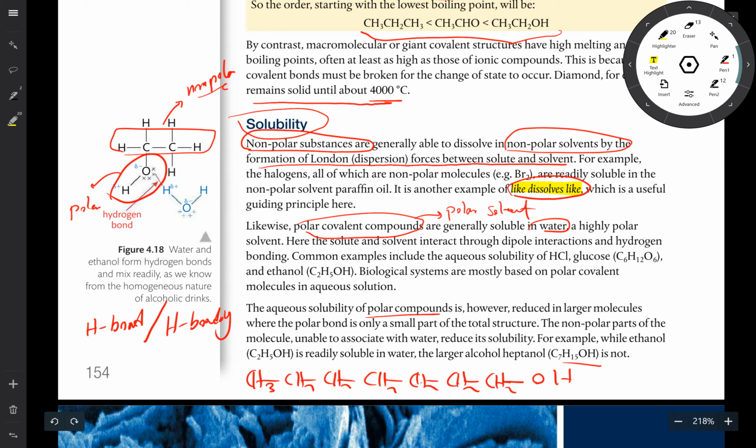You can see this one also has OH, so it can form hydrogen bonds with the water, but its non-polar area is very long and very big. So the solubility of this alcohol is much less than the solubility of ethanol, the structure that you can see here.